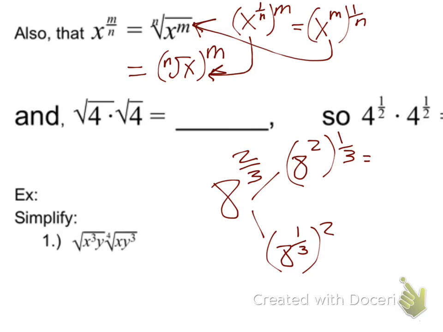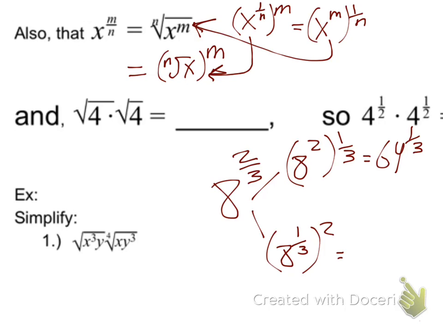They're the same answer, but one's easier to do. What's 8 squared? 64. And it's 64 to the 1/3 power. What's 64 to the 1/3 power? What times itself 3 times gives me 64? It's not something that's coming to your head really quickly.